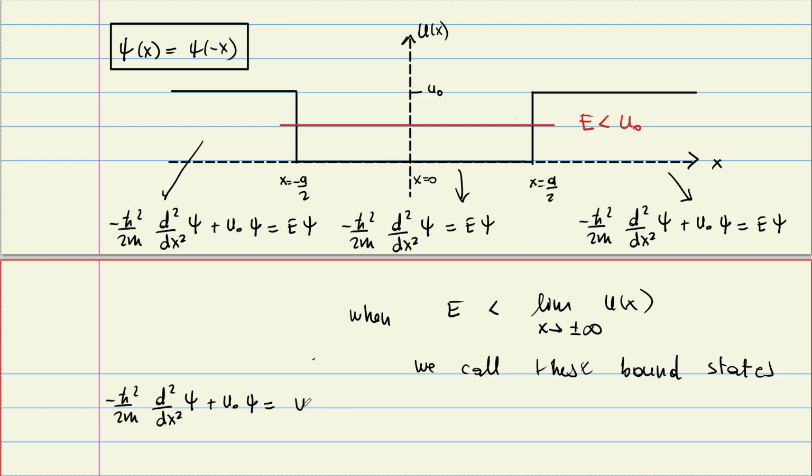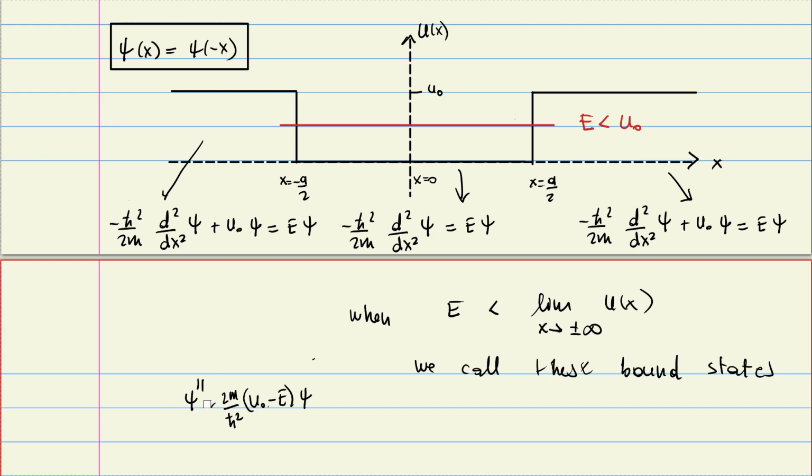This is U naught minus E times psi, and I'm going to put a minus sign here, and erase this one. So I just rearranged the equation. I didn't do anything. And this minus sign I'm going to cancel with this minus sign, and this 2m over h bar squared is here, and I erase this one. And to write it more quickly, I'm going to write it as double prime.